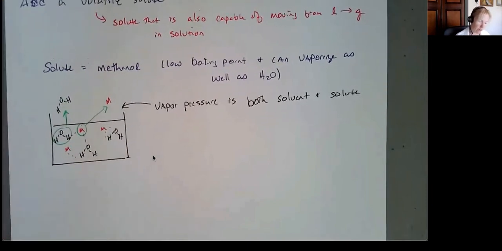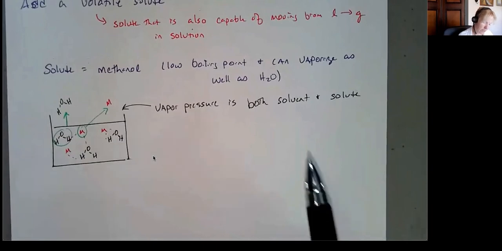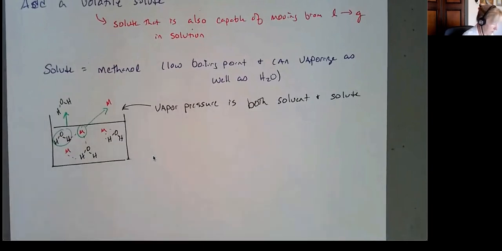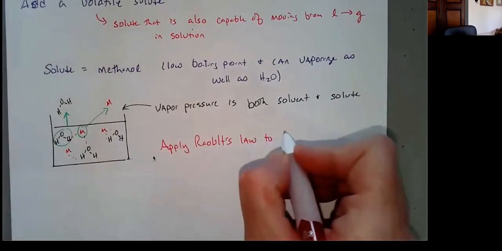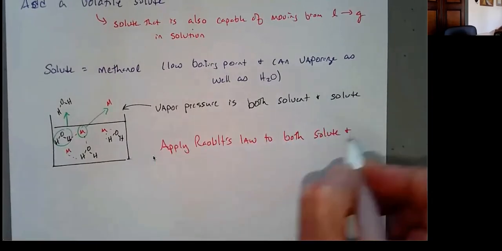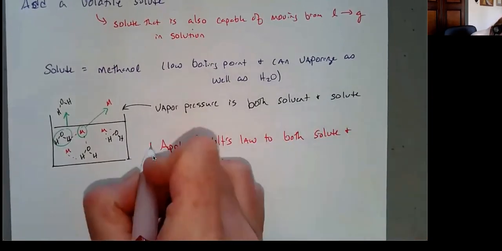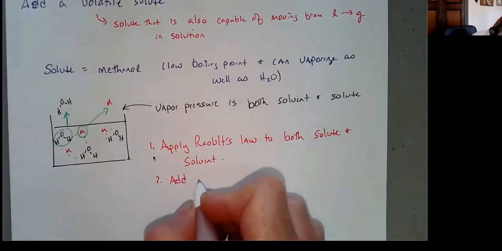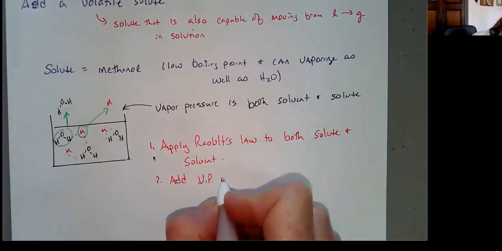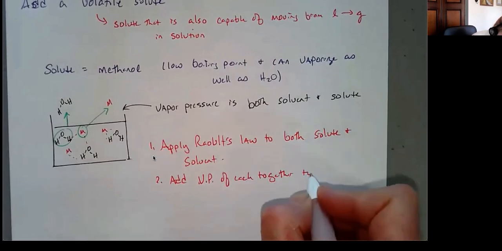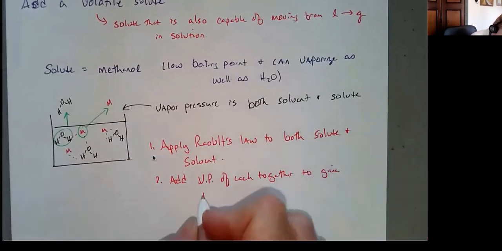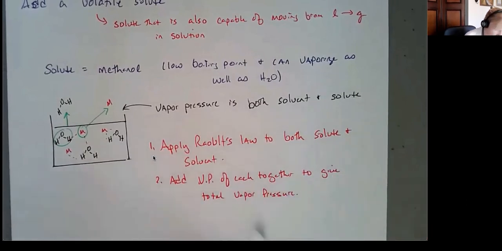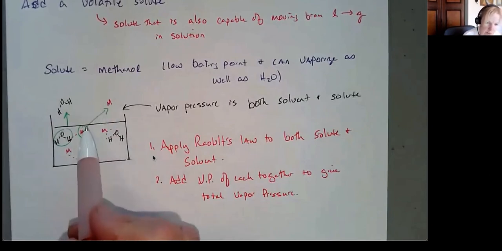And so if I have a volatile solute, now I have to consider both scenarios. So I'm going to apply Raoult's law to both the solute and the solvent, and then I'm going to add my vapor pressure of each together to give the total vapor pressure. I'm going to consider methanol by itself.